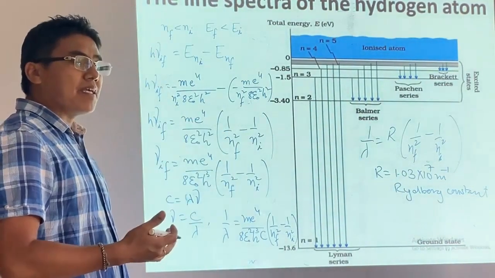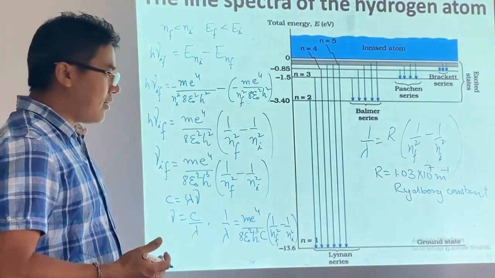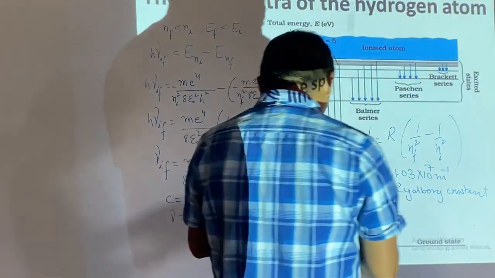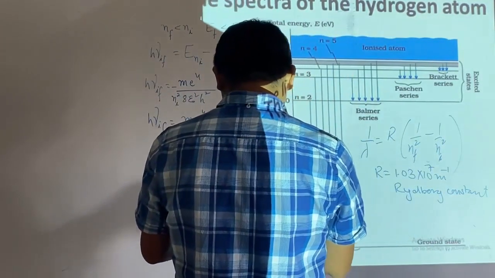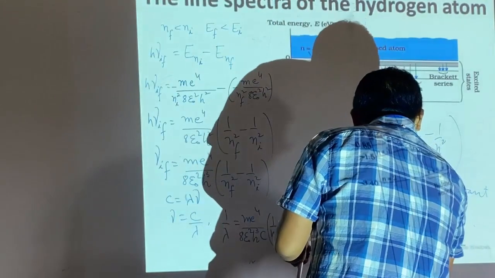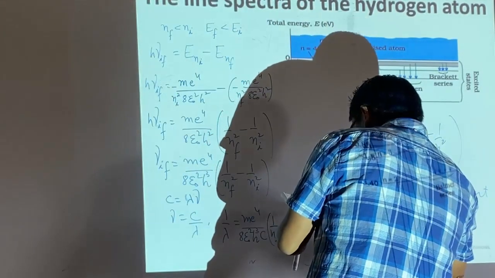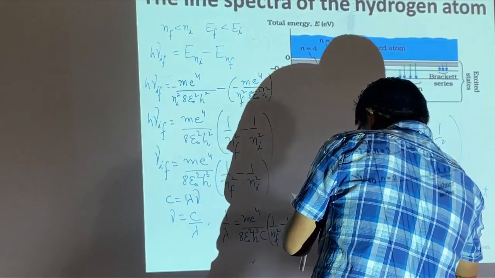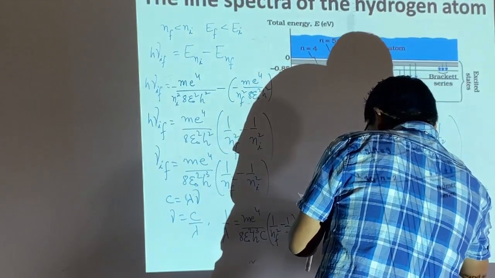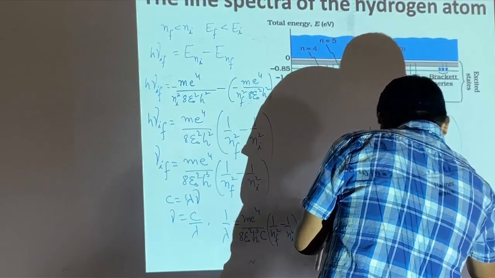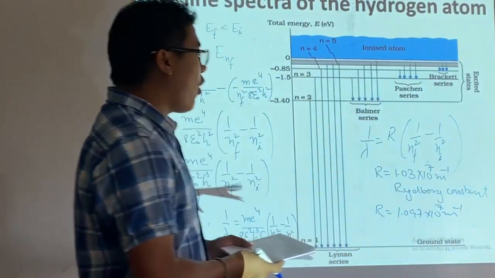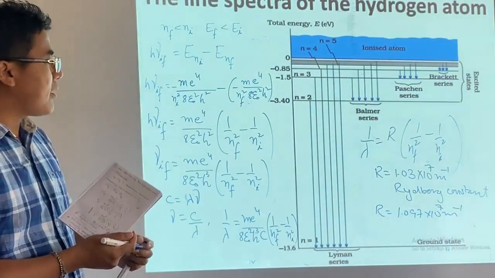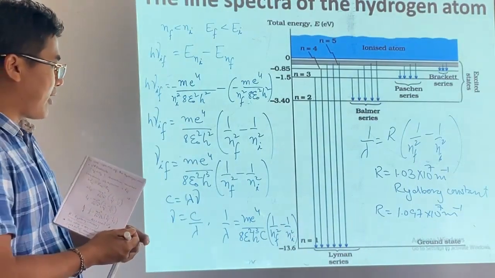And experimentally it was found by Balmer, the experimental value is 0.97 into 10 raised to power 7. This was experimentally obtained from Balmer's empirical formula, right?